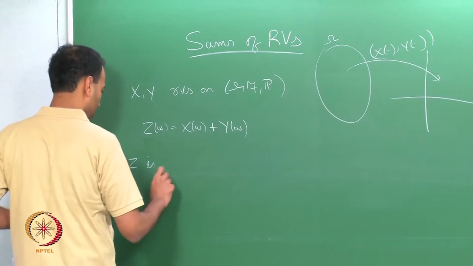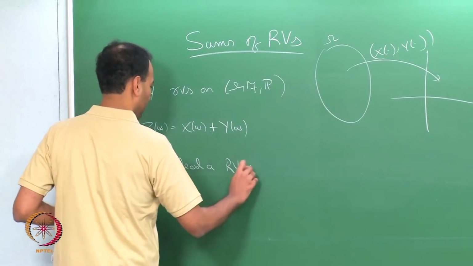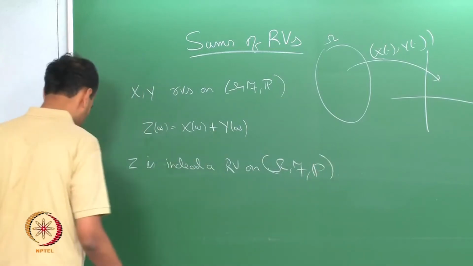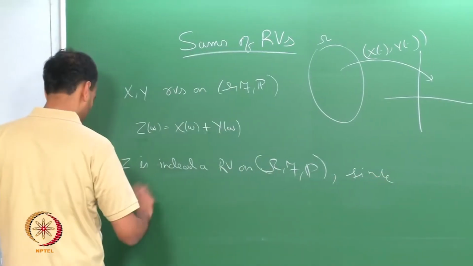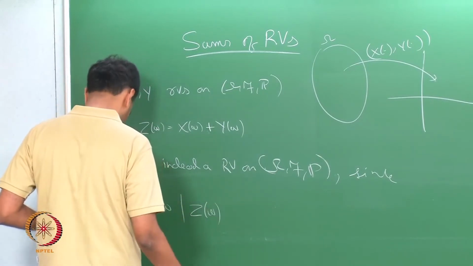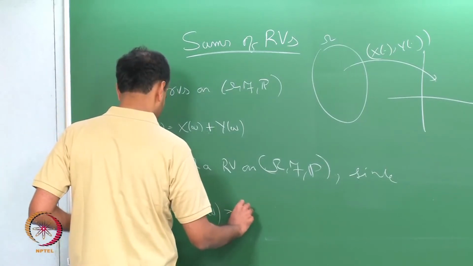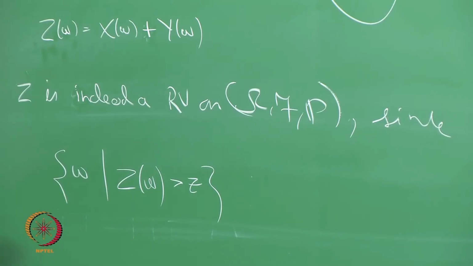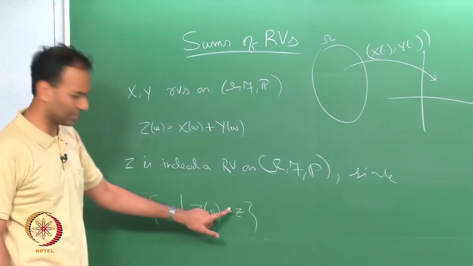So, z is indeed a random variable on omega, F, P. In other words, I have to show that sets of this form, omega such that z of omega greater than little z, are F measurable, or equivalently less than or equal to, it does not matter.